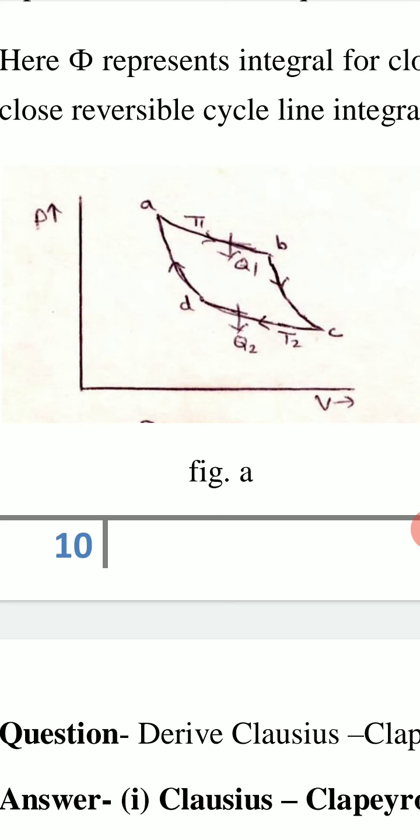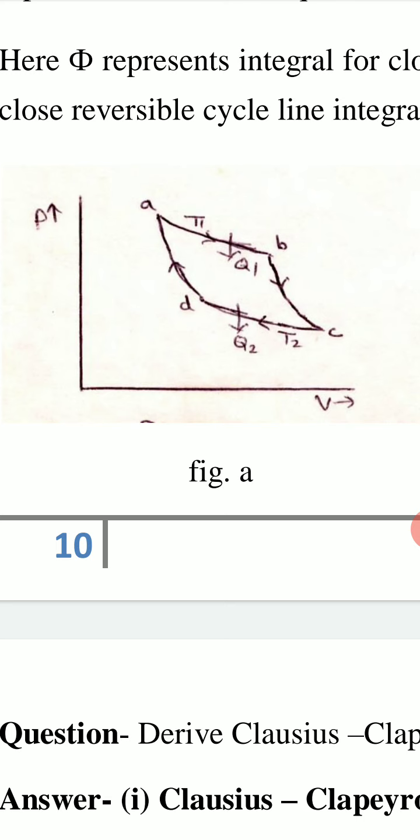It is isothermal compression at T2 degree Kelvin. T2 is temperature of sink, that is low temperature. In this process, working substance gives Q2 heat to sink. And last process is DA, that is adiabatic compression. In this process, there is no exchange of heat.